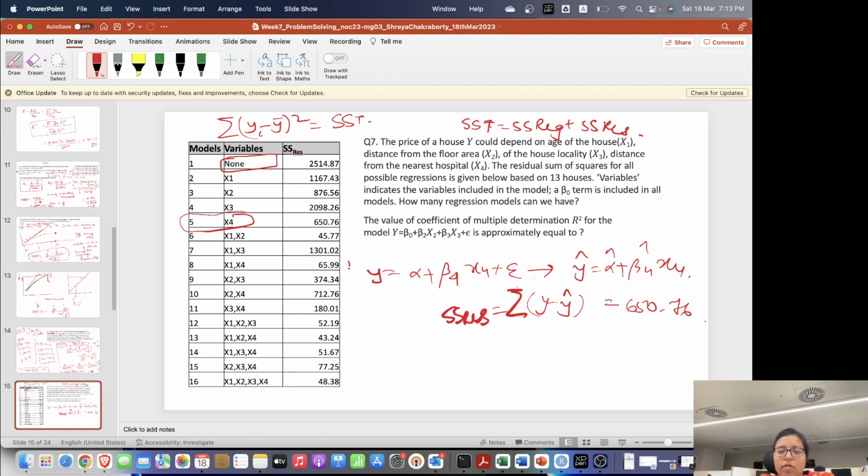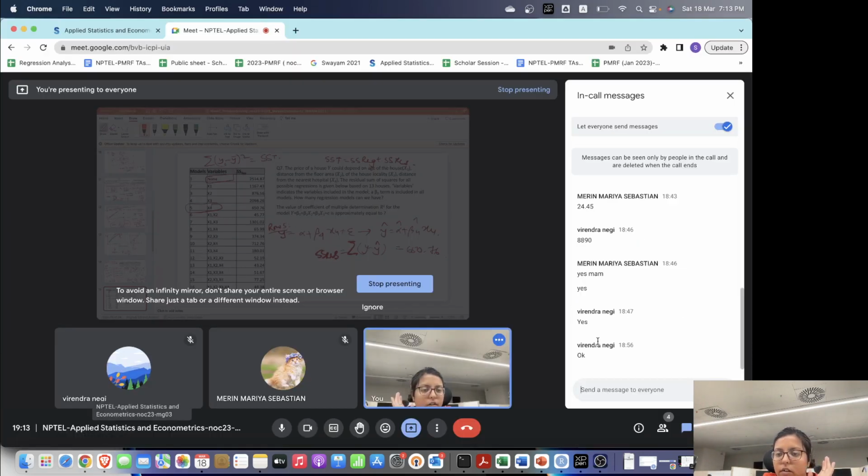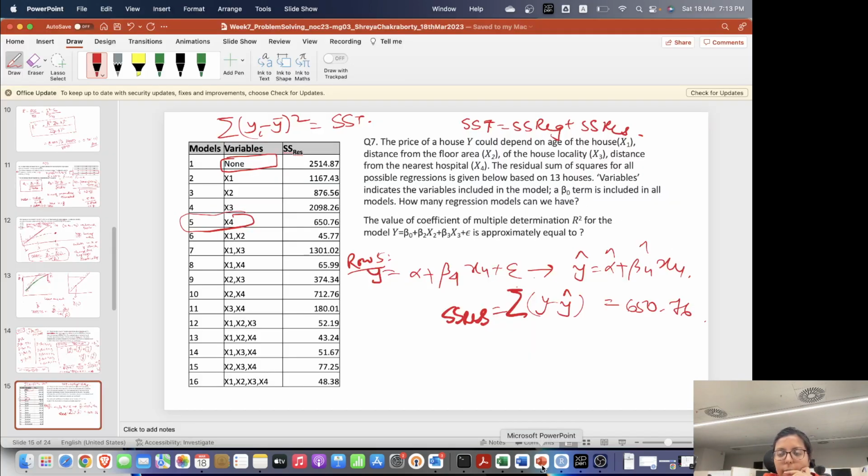This is the meaning of row 5. Is this part clear? Then we will move on to the question. Okay, I think this is clear.